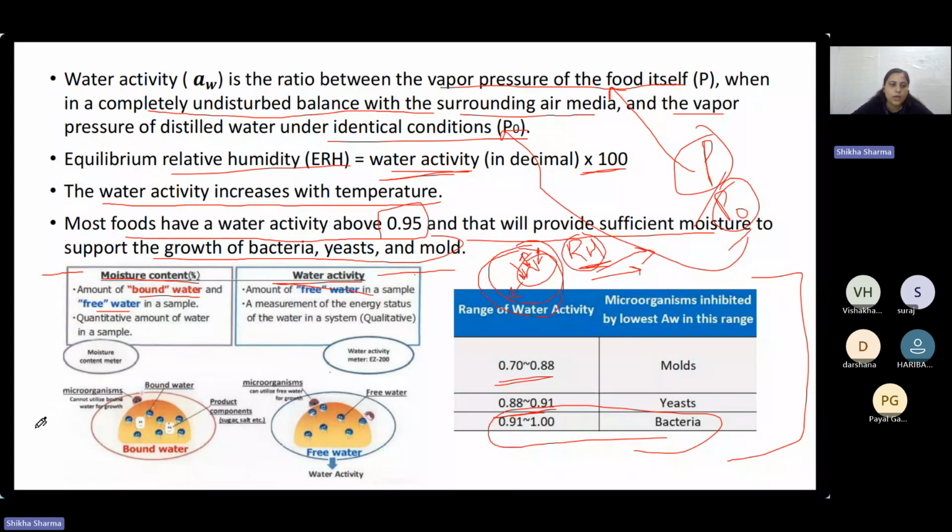The water which is very much in contact with the food is bound water, and the water a little farther is free water. Both are added together to give the moisture content, whereas in water activity we take only the free water in a sample. So this is the difference between water activity and moisture content, and water activity and equilibrium relative humidity.